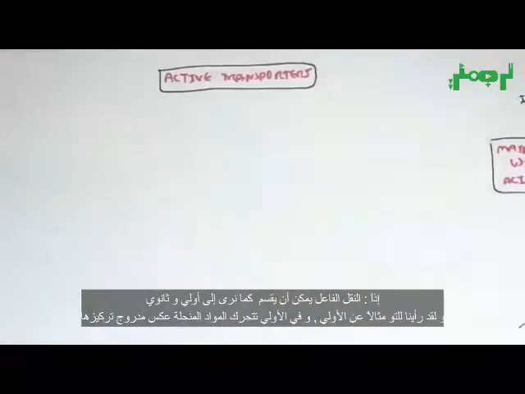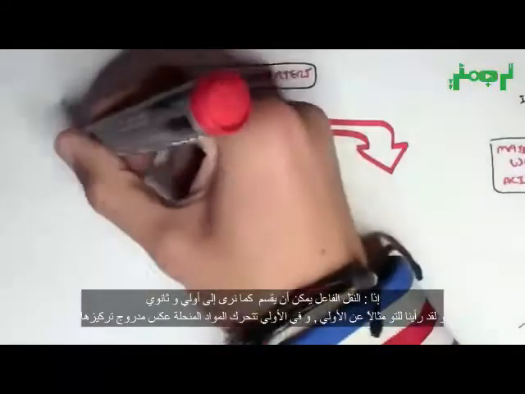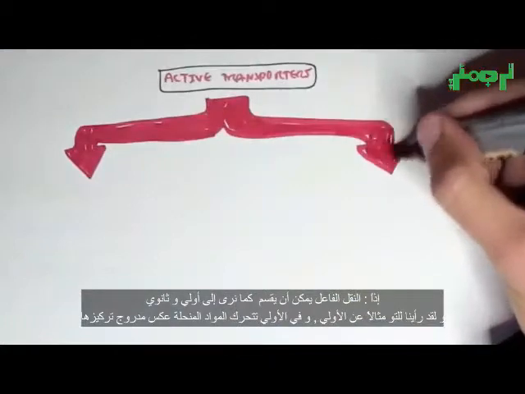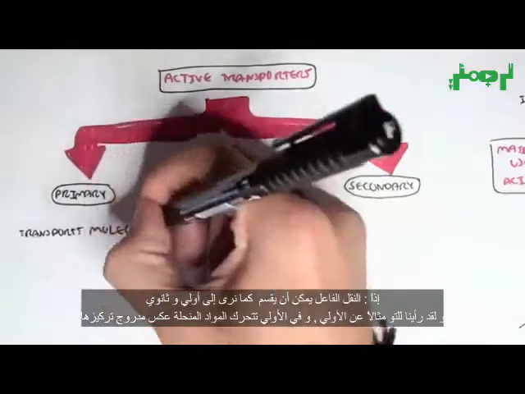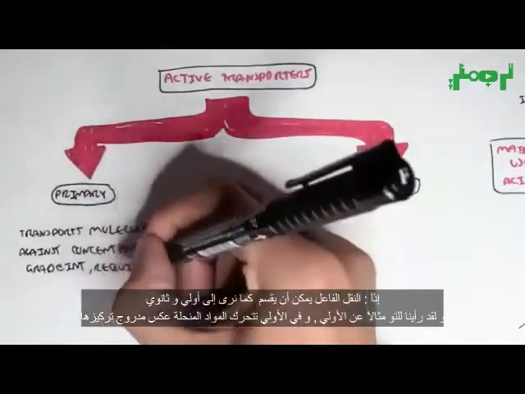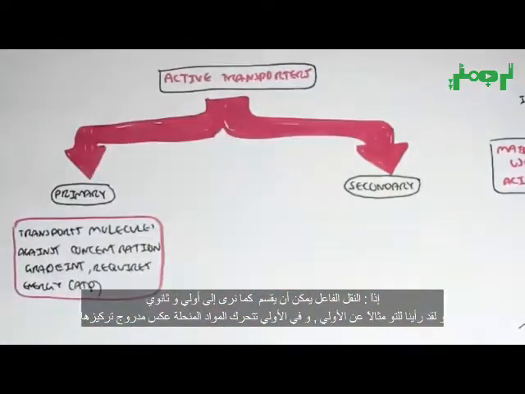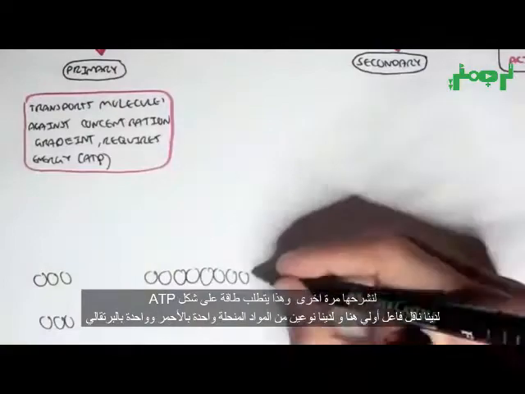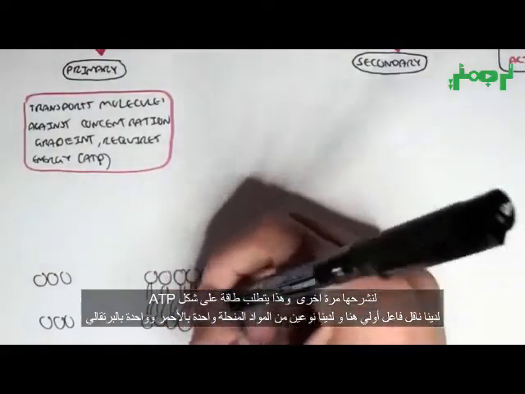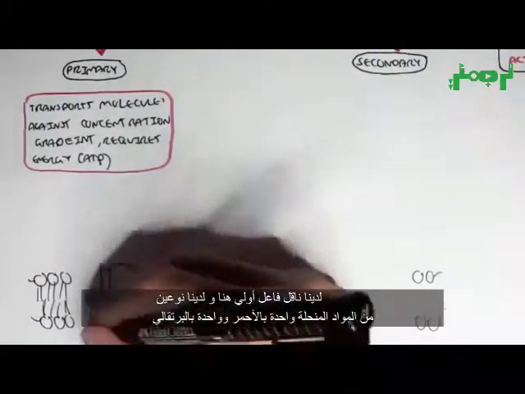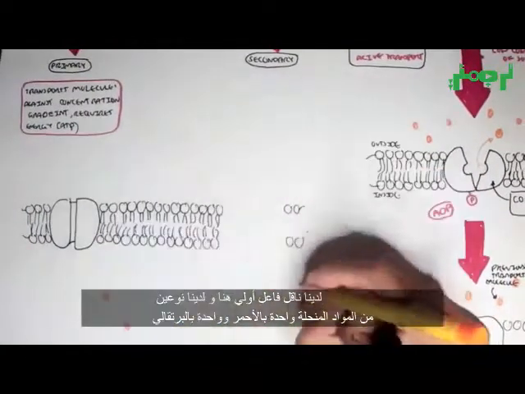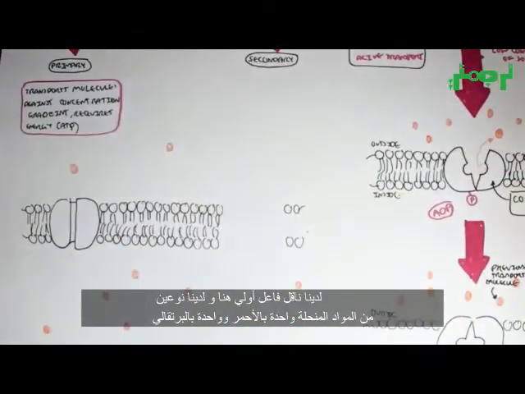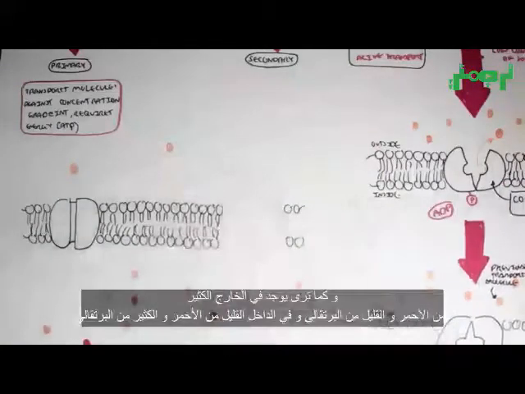An active transporter can be divided, as we've seen, into primary and secondary, and we just saw an example of primary. In primary, the transporter moves molecules against their concentration gradient, and this usually requires energy as ATP. Just quickly illustrating it again, we have a primary active transporter here, and we have two types of solutes, one in red and one in orange.